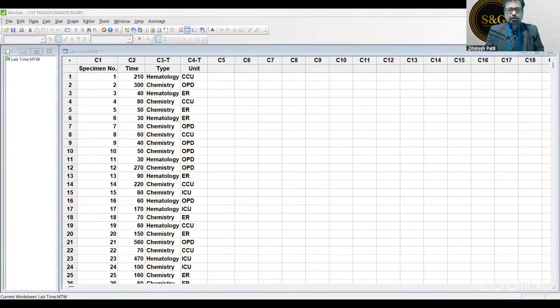Very good. So there is something called a lambda value there, which is 0. Let me show you that quickly.